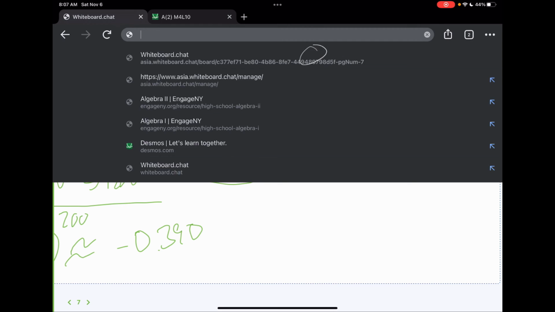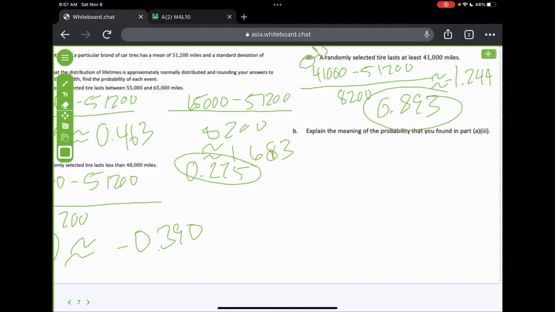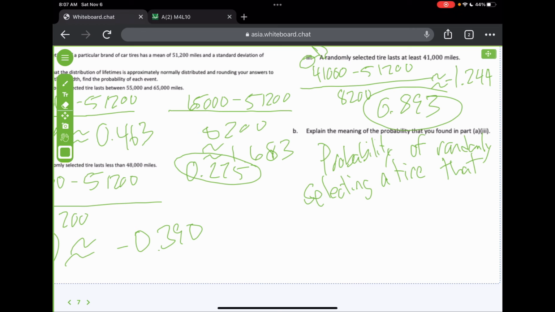Okay. Now it says explain the meaning of the probability that you found in part A3. So what that means is that the probability of randomly selecting a tire that lasts more than 41,000 miles is 89.3% chance.